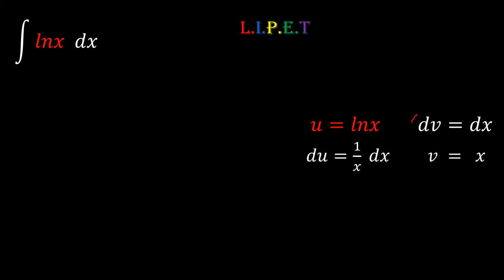We are integrating because you're given the derivative, so to get back the function, you have to integrate. The integral of dv is just v, of course plus c, and then x plus c. But we don't worry about the constant because at the end we're going to add a constant, and the sum of constants is still a constant.